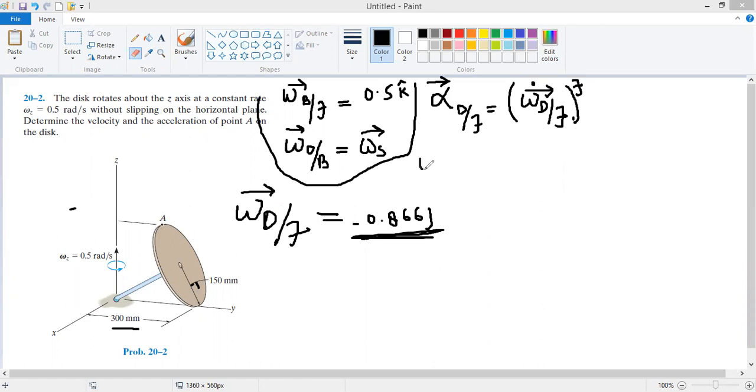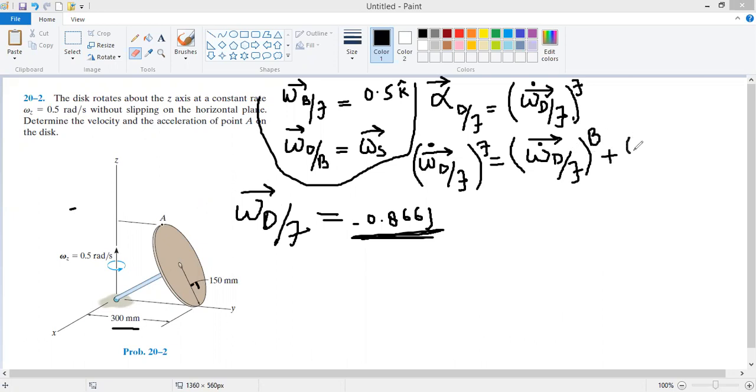Therefore, we can write this as: the angular velocity of the disk with respect to the ground, its derivative taken in the ground frame of reference, is equal to the derivative of the angular velocity of the disk with respect to the ground in the bar frame of reference, plus the angular velocity of the bar with respect to the ground frame of reference, cross product with the angular velocity of the disk with respect to the ground.